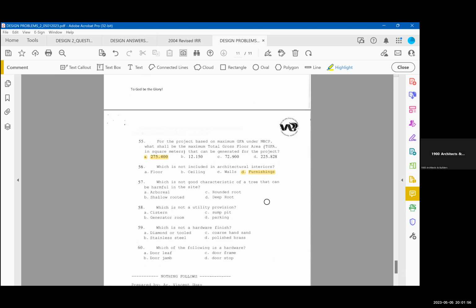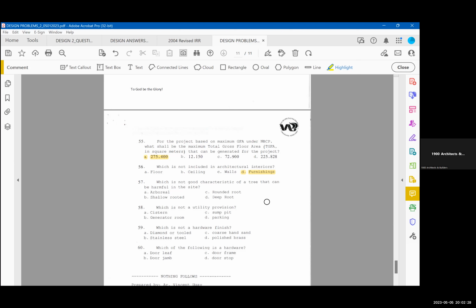Okay, number 57, which is not a good characteristic of a tree that can be harmful in the site. So A, arboreal, B, shallow rooted, C, rounded root, D, deep root. Ito yung mga questions na ma-answeran mo by elimination.